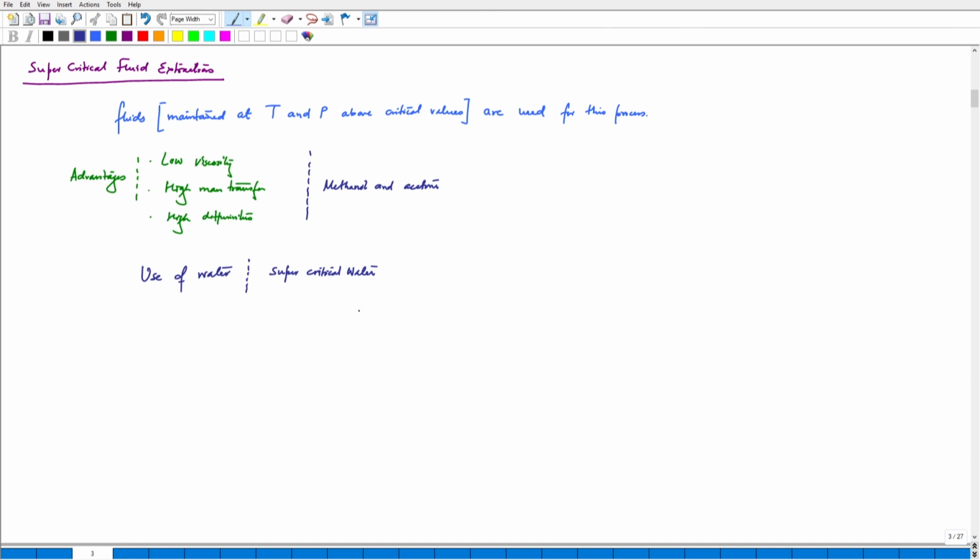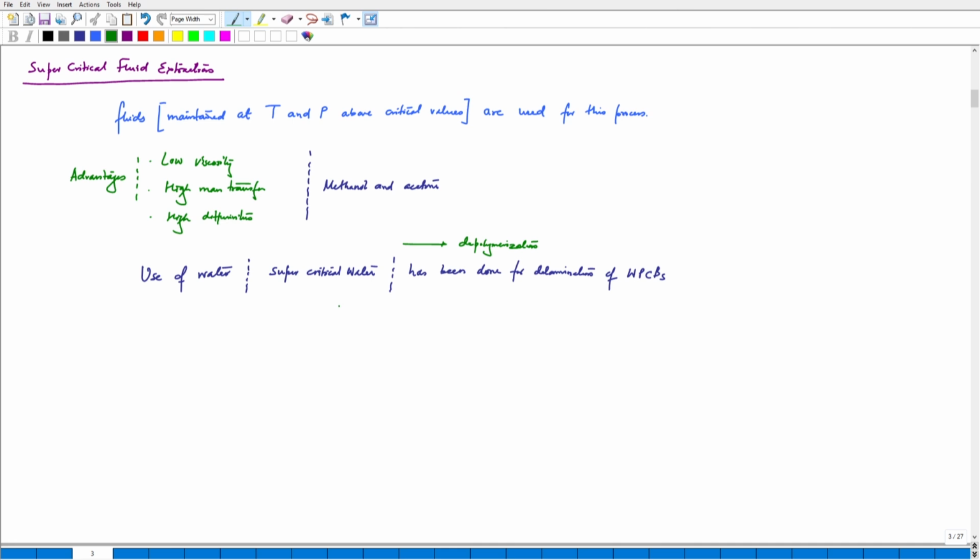The use of water has been done for delamination of WPCBs, and this is possible due to depolymerization.